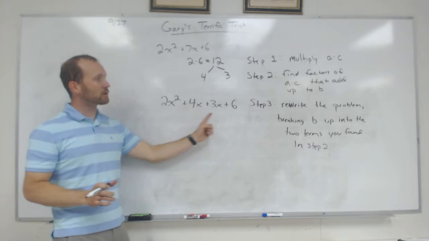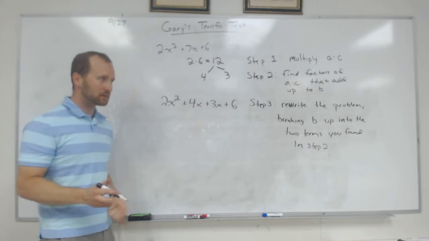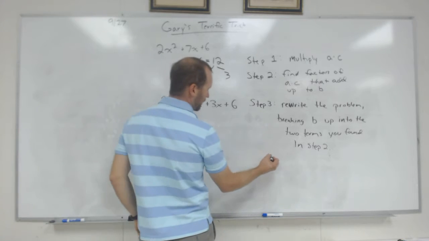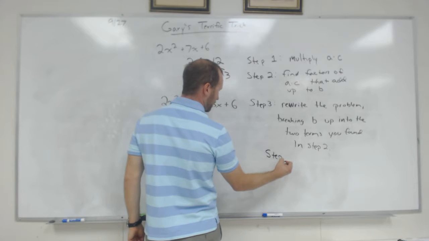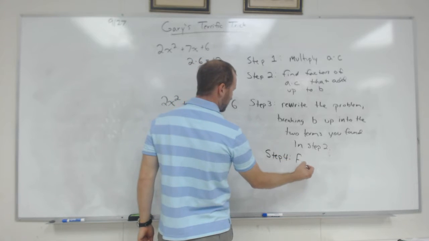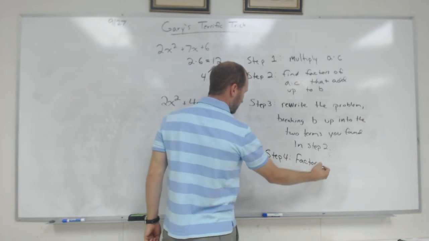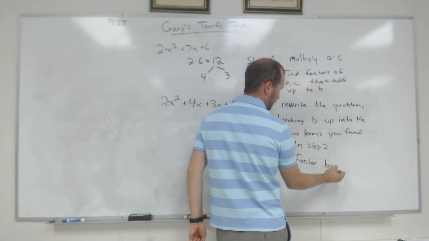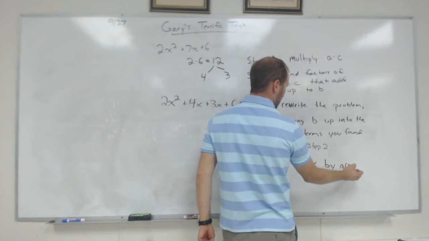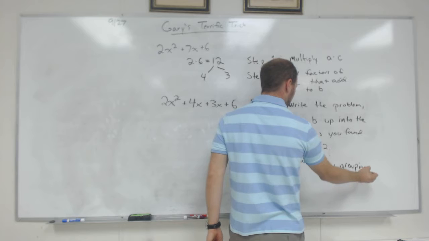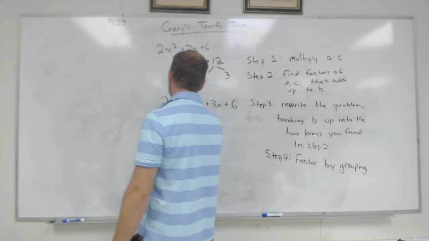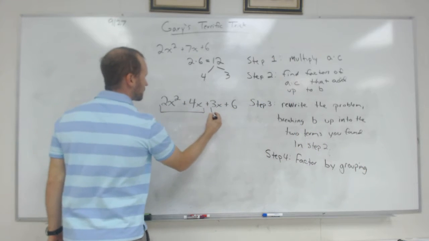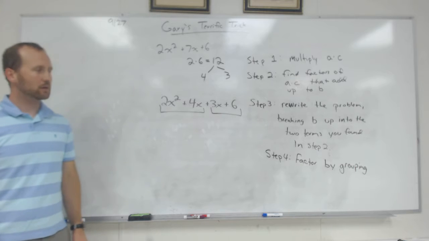Because now that I have 4 terms, how do you think I'm going to factor this? Factoring by grouping. Yeah, so step 4, we're going to factor by grouping, which we already learned, right? Group that, which means grouping the first 2 terms and the last 2 terms.